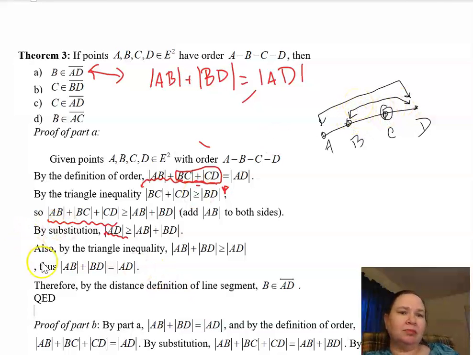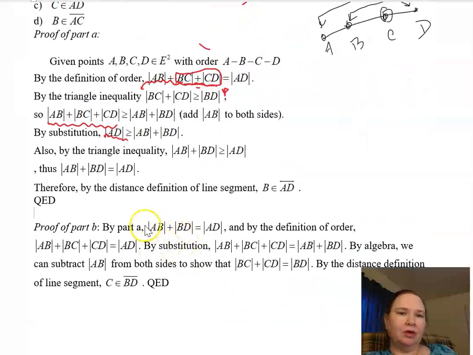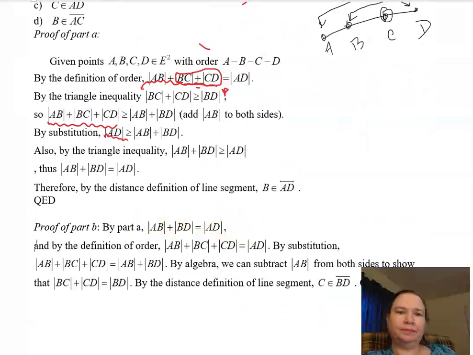What I'm going to do is use this equation that I just proved in part A to prove part B. So here's my equation from part A. And here is my definition of A, B, C, D being in order. So I just copied down that same equation from up on this line.